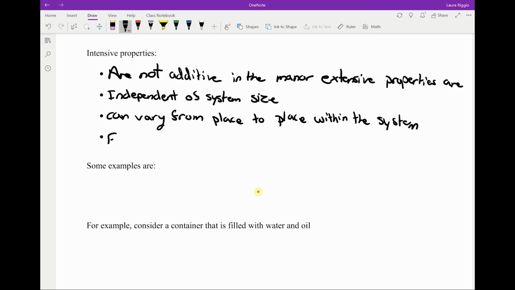So they are functions of position and time.